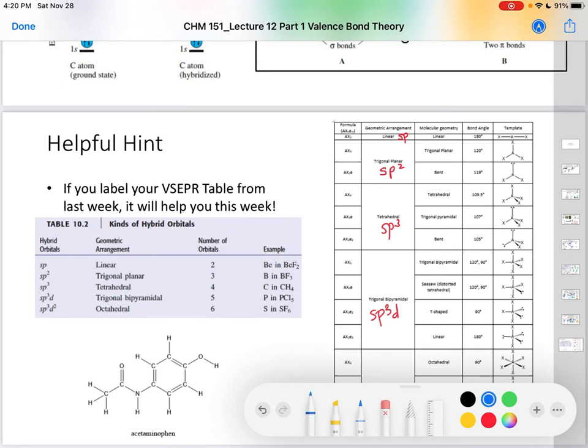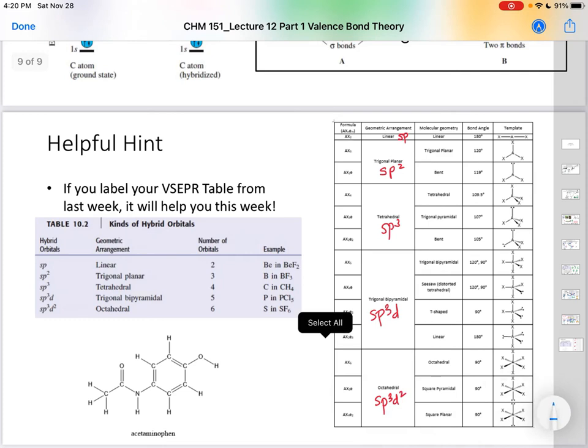The other thing that you should know how to do is be able to look at a structural formula like I have here. Acetaminophen is a pain reliever in a lot of the over-the-counter pain relievers like Aleve. You should be able to look at any of these atoms and assign the hybridization. On the homework you'll have to do this. So for example, this oxygen has 2 lone pairs and 2 bonds.